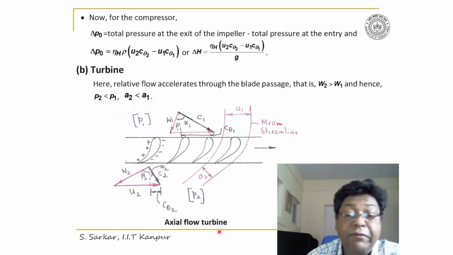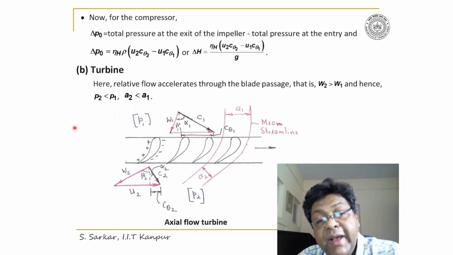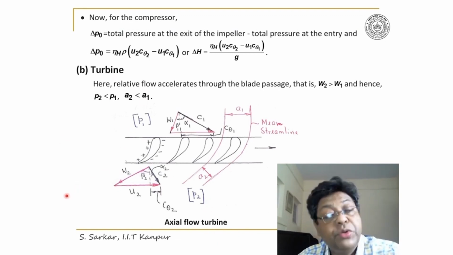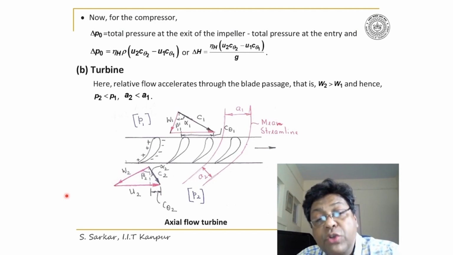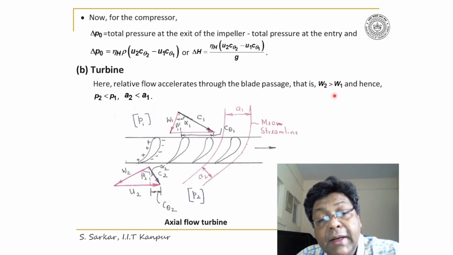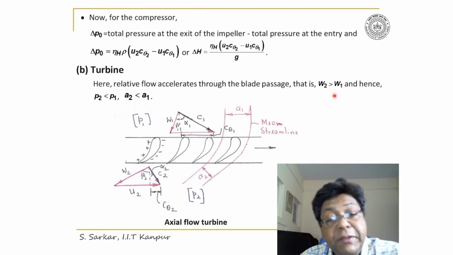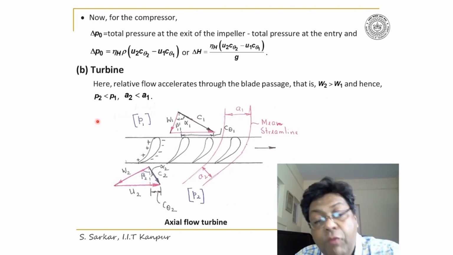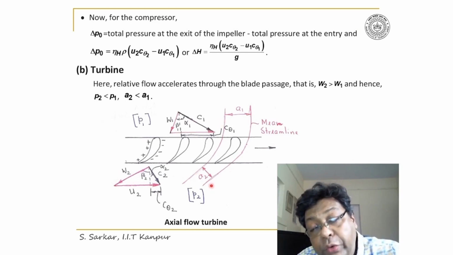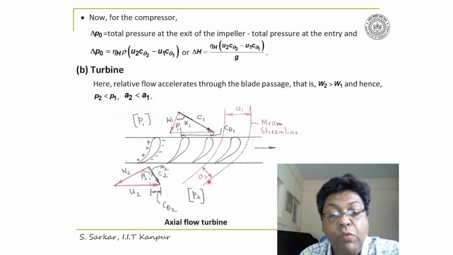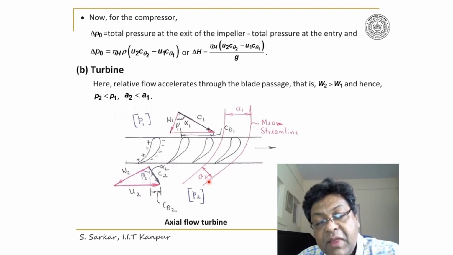Here you note that flow will accelerate as it passes through the impeller, and so W2 here would be greater than W1, and hence P2 will be less than P1, and thus here I have shown A2 will be less than A1. Quite opposite things appear over here.